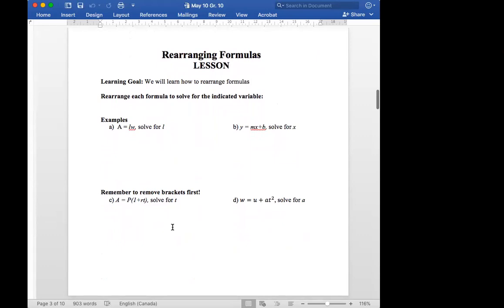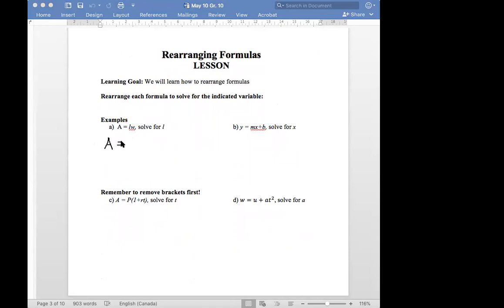So we're going to look at rearranging formulas. It's relatively similar to solving for a variable. Right now we're going to solve for L if we're looking at A equals L times W. So I'm going to rewrite it right here.